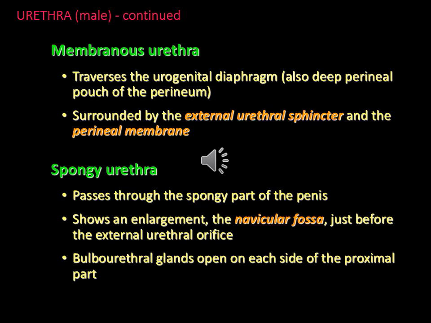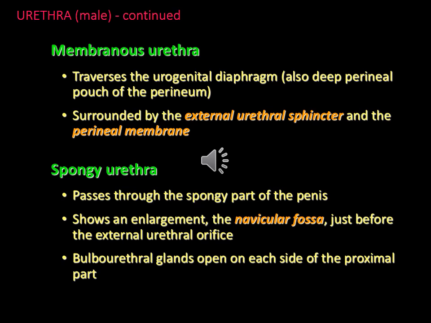Next, the spongy urethra will pass through the corpus spongiosum, and it shows another dilatation at the beginning, at the glans penis, which we have already mentioned, that is the navicular fossa, before it opens at the external urethral orifice, which is somewhat vertical anteroposterior in direction.